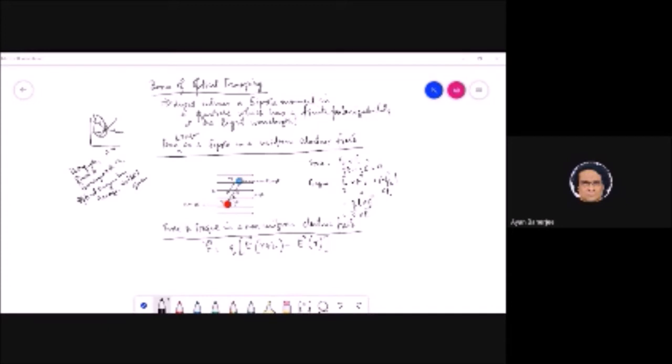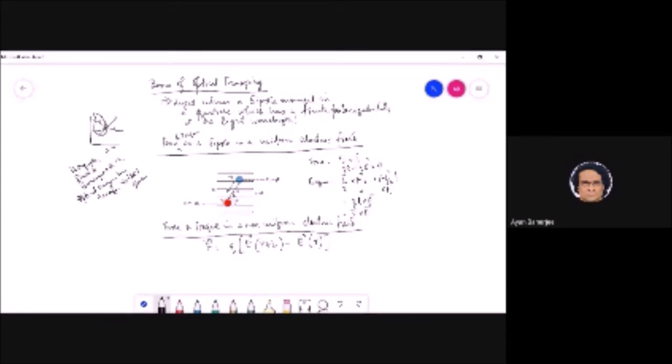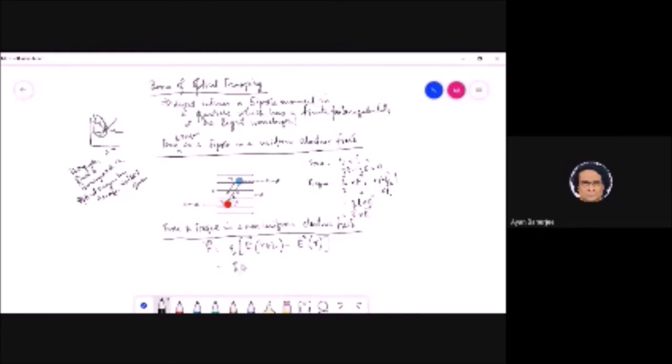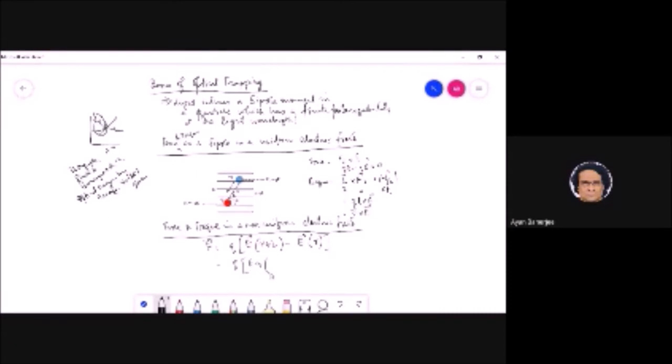Component-wise, looking at the X component, this is Q times EX at X plus LX, Y plus LY, and Z plus LZ, minus EX at X, Y, Z.